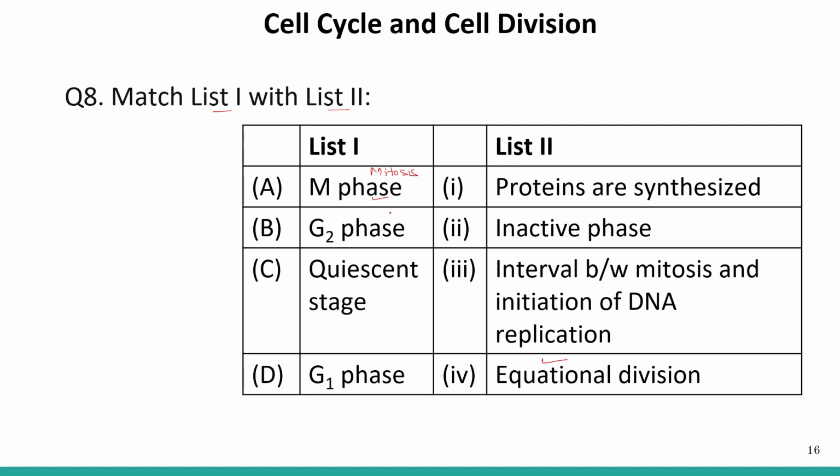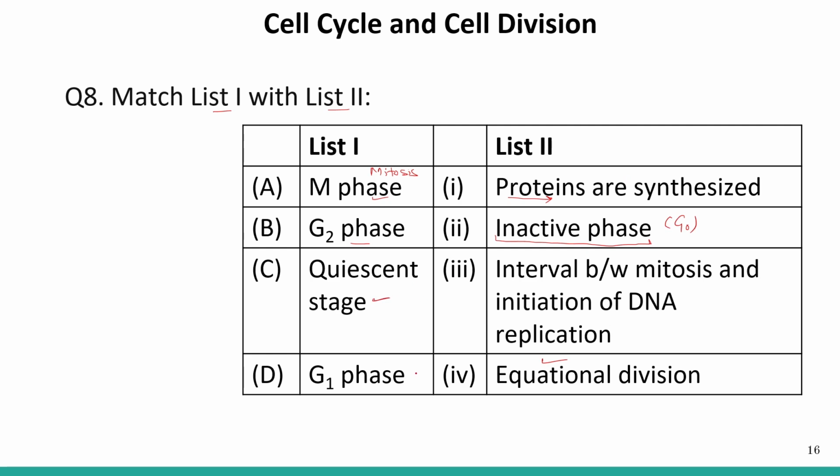Now G2 phase, what happens? Protein synthesis takes place during G2 phase. Then next is the quiescent stage. The quiescent stage is an inactive phase, when the cells exit the G1 and enter the G0 phase, also known as the quiescent stage.